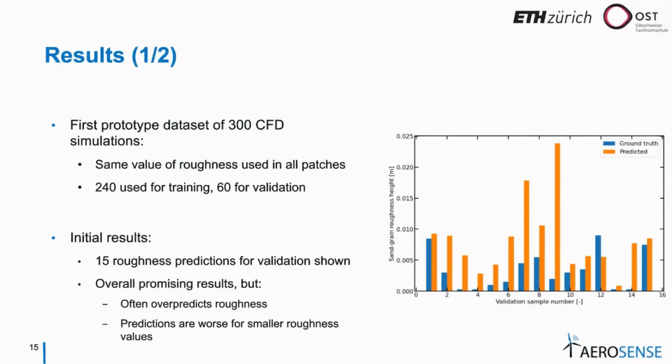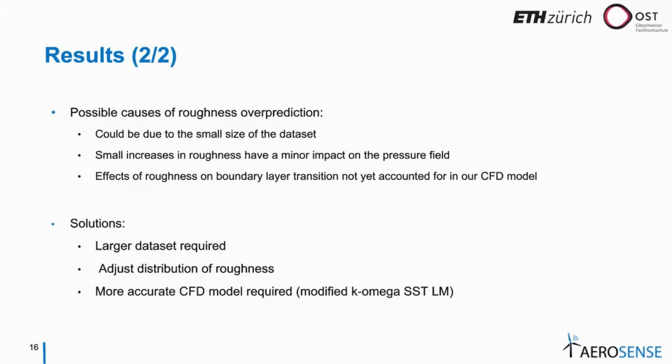And you can see that overall the results are quite promising, but there's a few things. First of all, we often overpredict the roughness, and the predictions are often quite bad for small roughness values. The possible causes for this overprediction could be, on the one hand, this tiny data set we have. I mean, 300 samples is not enough.